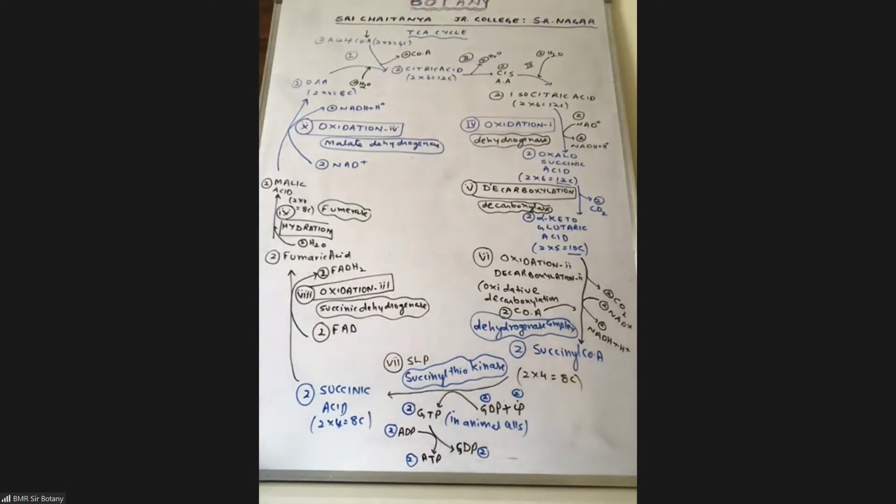There can be concept oriented questions like the products of 2 successive decarboxylations are 1 alpha ketoglutarate acid, 2 succinyl CoA. The substrates of 2 successive decarboxylations, 1 oxalosuccinic acid, 2 alpha ketoglutarate acid.